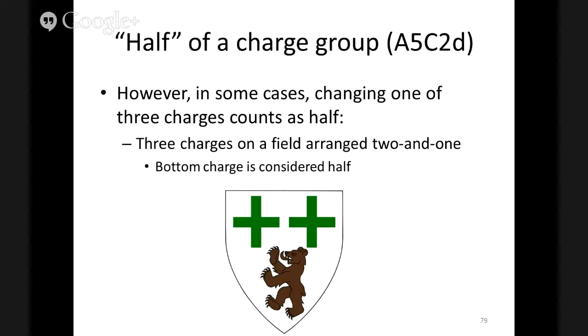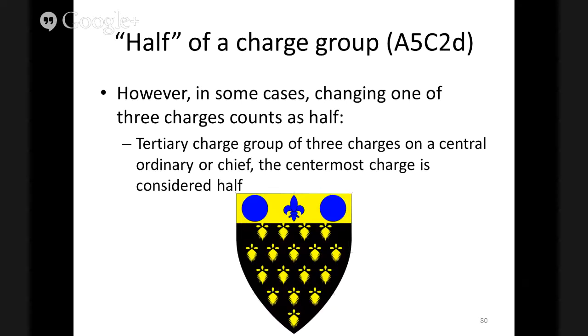Another one is, and yes, Ryan, you're correct, if you have 3 charges on a central ordinary or on a chief, then the middle one counts as half. So in this case, that would be the fleur-de-lis. If we did something to the fleur-de-lis, it would count as half of that tertiary charge group. Now somebody blazon this.